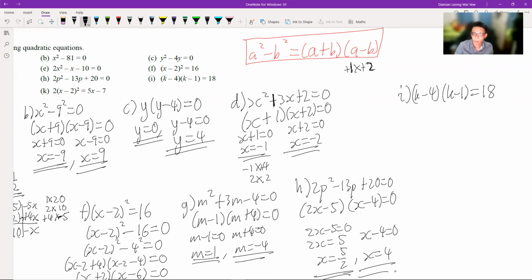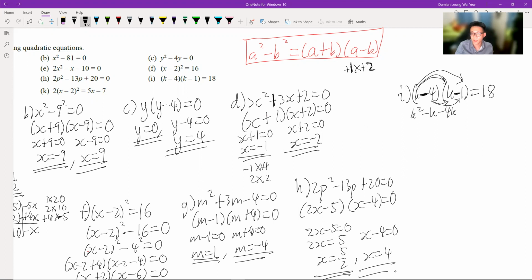Okay, so I multiply the k and k squared. Make sure when you multiply bracket, don't just multiply the first 2 and multiply second 2. Is k times k, k times -1 minus k, -4 times k minus 4k, -4 times -1. Don't forget the negative as well.